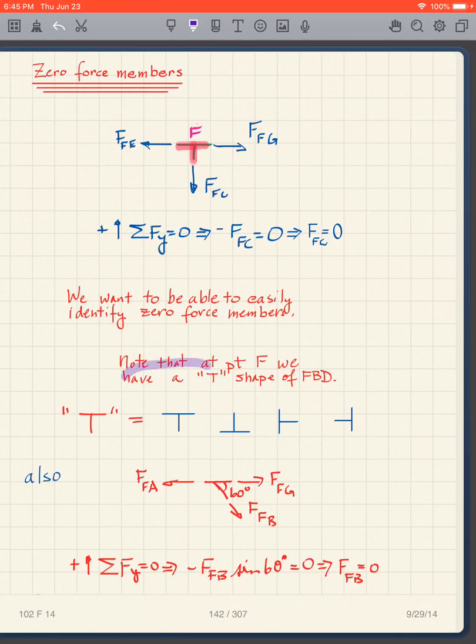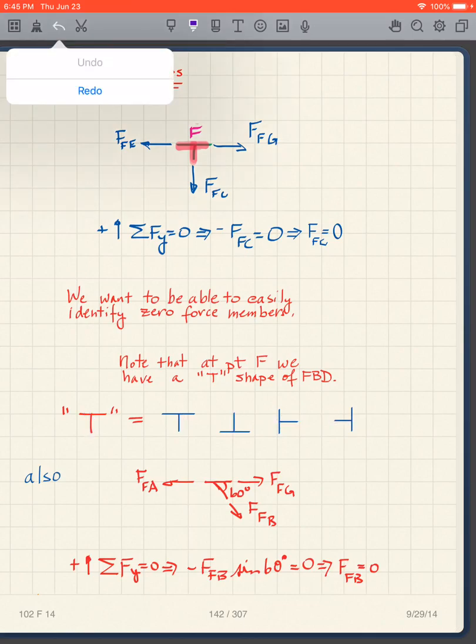So if we have a T shape for our free body diagram, so a T, now I'm just going to tell you, it could look like this, but the same thing applies if it's upside down, or if it's sideways that way or sideways that way. Any of those cases are going to give me that the stem of the T, so this part, this part, this part, this part, is going to have 0 force.